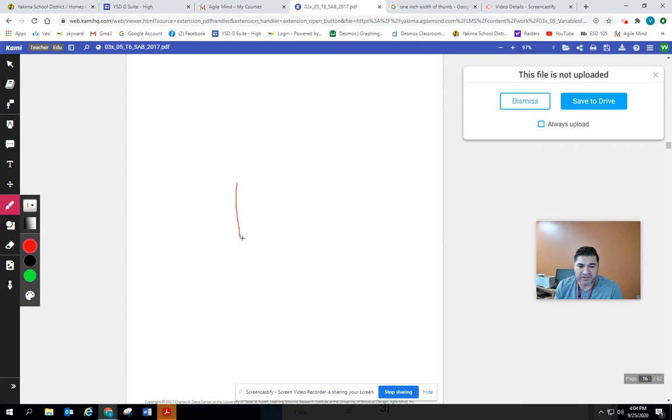So if we have a function here, this is our process. Okay, this is process. This is basically our function rule. If we put something in, we call that an input.